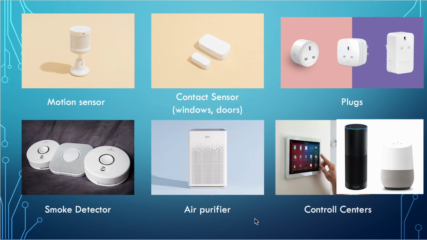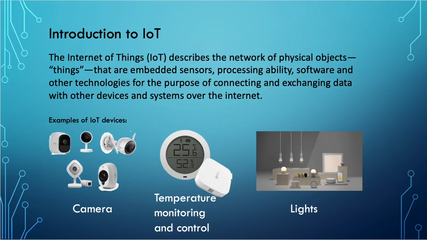Control centers done, let's look at more embedded devices, right? Let's first look at the definition of it. In this case, they say physical objects, which we can normally call devices as well.